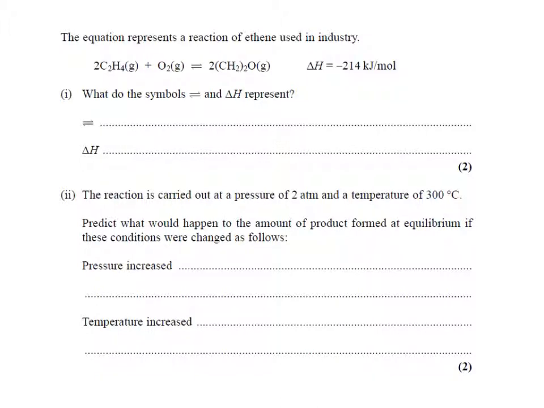Now, here's a reaction that you may never have seen before. We're taking ethene, which is an alkene, so it contains a carbon-carbon double bond, and reacting it with oxygen to produce this chemical here. And we're told that the delta H for this reaction is minus 214. So, this symbol here means that it's a reversible reaction.